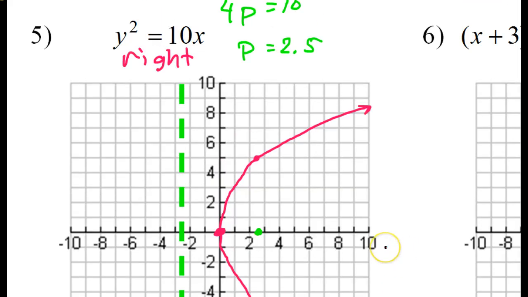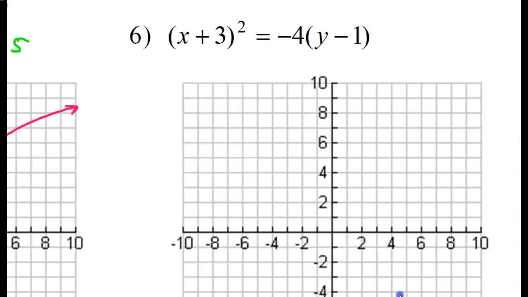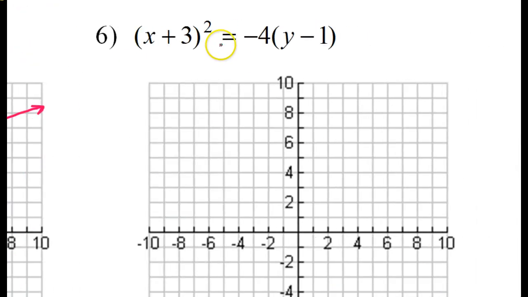Okay, number 6. Is this up, down, left, or right? Well, I see x squared, all right, so that reminds me of good old y equals x squared. So I know it's either up or down. Because of the negative on the 4, I know it's going to be down.